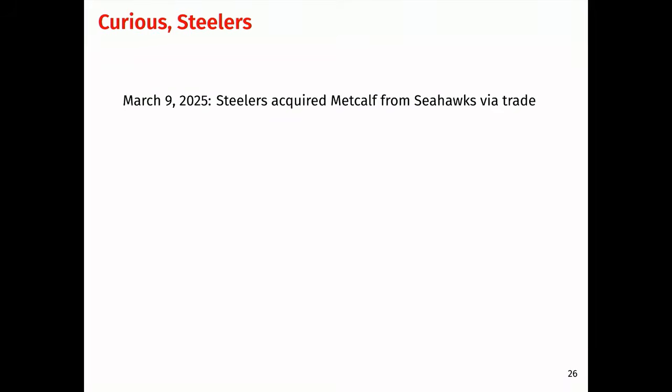What's also fun about these results is that earlier this year, the Pittsburgh Steelers, my local team, not my favorite team, just my local team, acquired DK Metcalf in a trade with the Seahawks back in March. Fast forward to May, the Steelers traded George Pickens, who had previously been with the team, to the Cowboys.